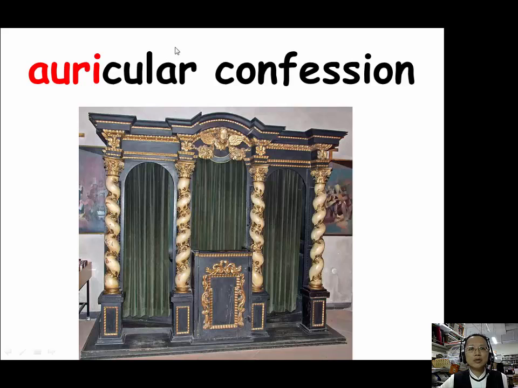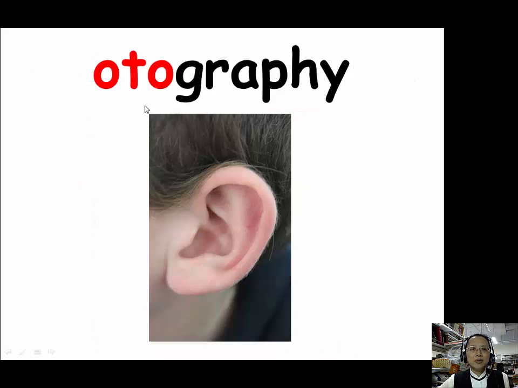So it's called auricular confession, meaning they only listen. Our example for OTO is otography. Otography is a description of the ear. When the doctor is examining your ear and writes a description about your ear, that's otography.